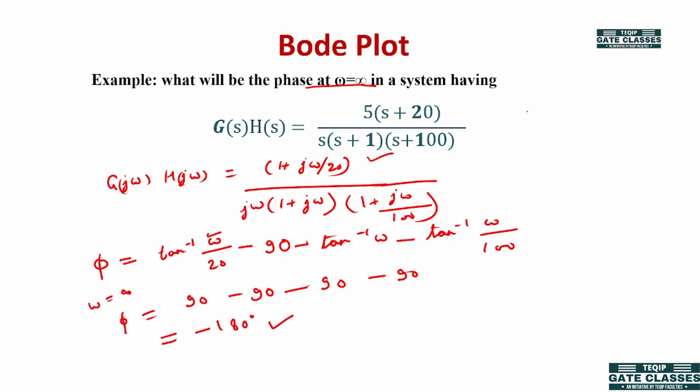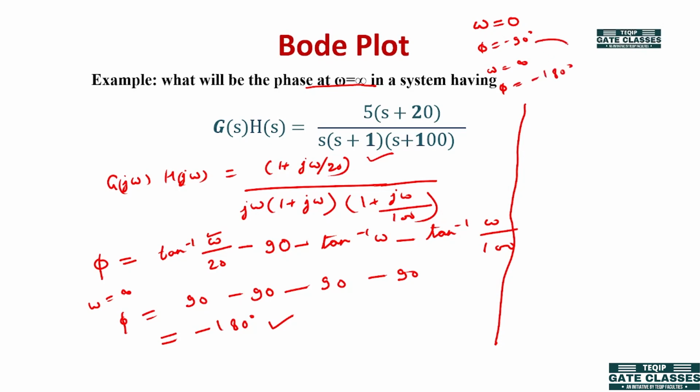Okay, so if we want to draw the phase diagram for this particular question, we can calculate different values. Once we put omega equal to 0, we get phi equal to minus 90 degrees. And when we put omega equal to infinity, we get phi equal to minus 180 degrees.